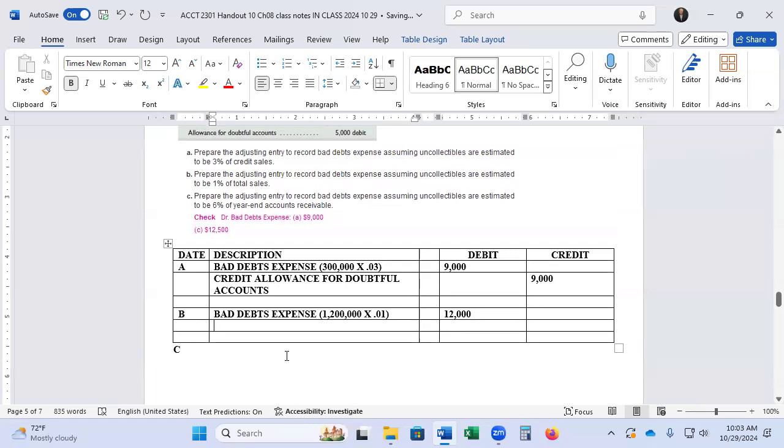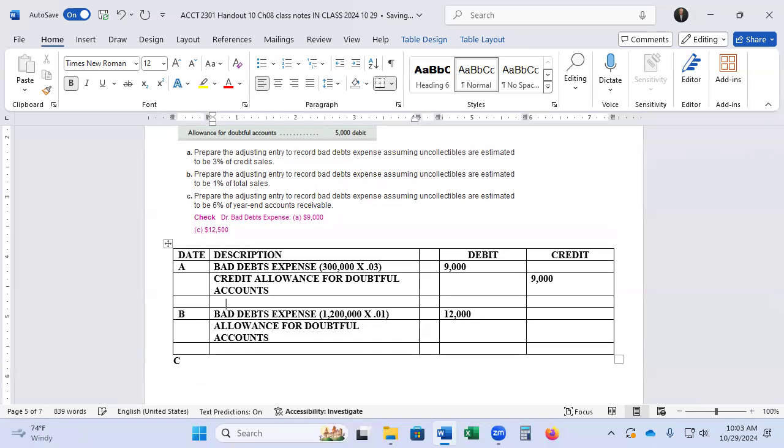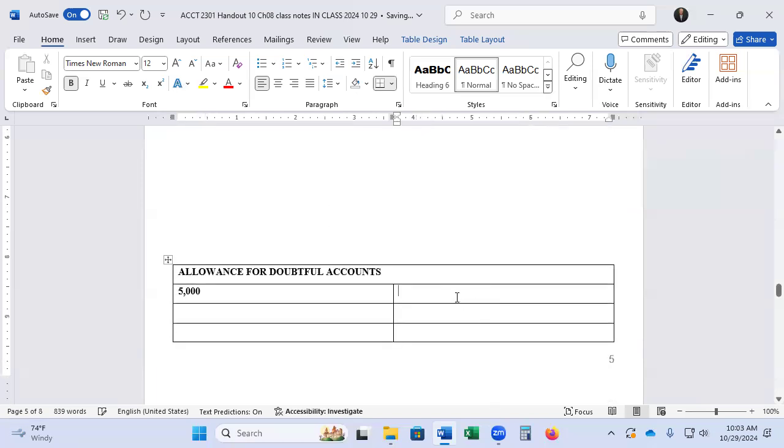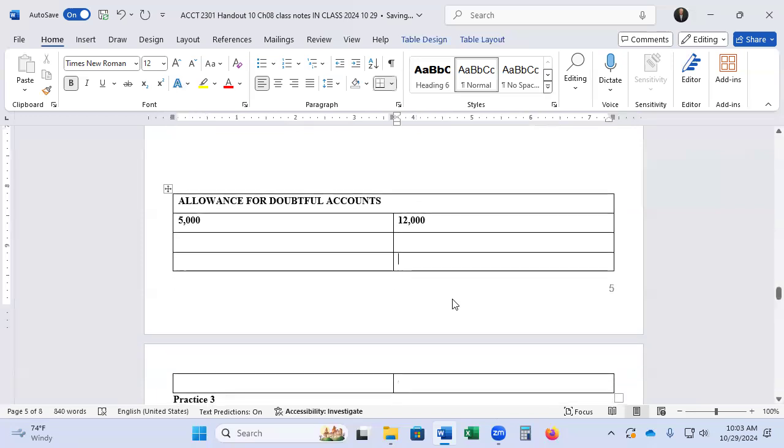And then credit allowance for doubtful accounts for 12,000. Then again we would put the 12,000 in here, and our ending balance would be 7,000.